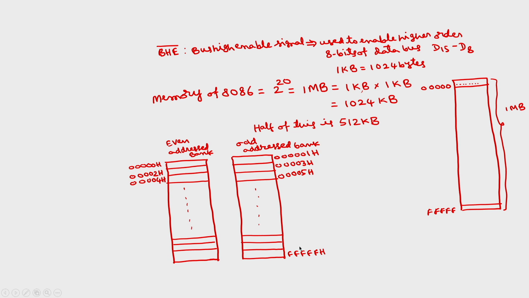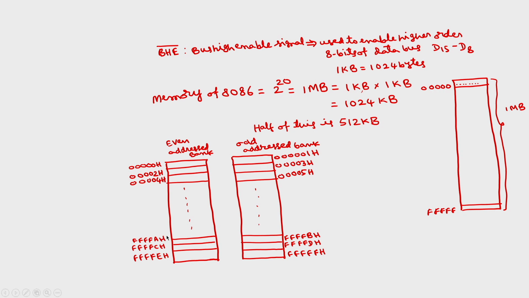The one address before this one is FFFFEH, and the one before this is FFFFDH, and this one will be FFFFCH. This one will be FFFFBH, and this one will be FFFFAH, and so on.